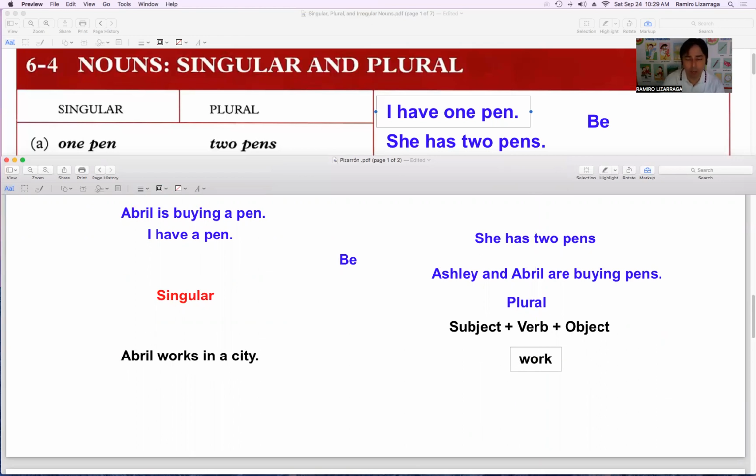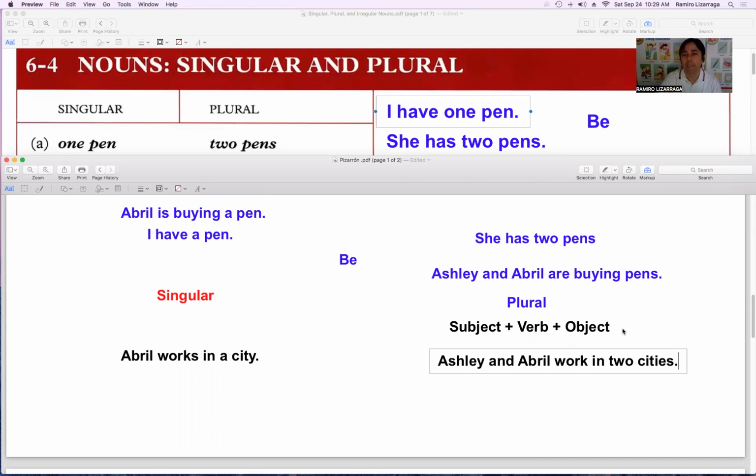Entonces yo voy a decir, por ejemplo, Ashley. I'm going to say Ashley and Abril work in 2 cities.